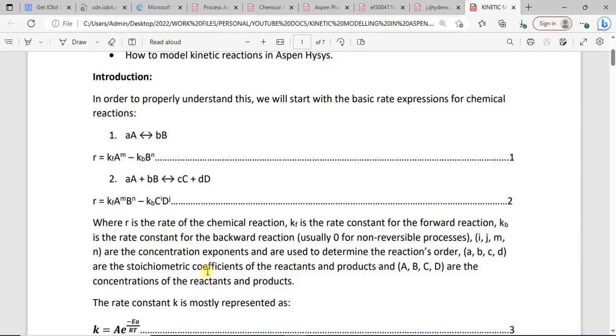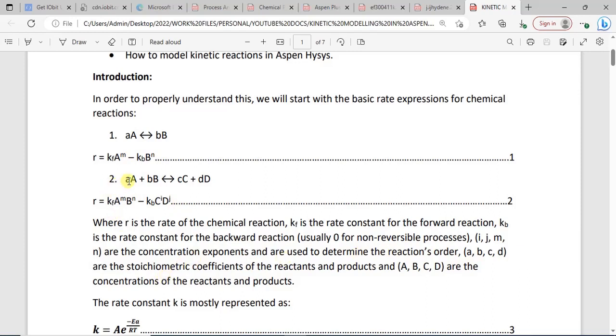From here we have the definition of all the variables in the rate expression. R is the rate of the chemical reaction, Kf is the rate constant for the forward reaction, and Kb is the rate constant of the backward reaction. Then i, j, m and n are the exponents of the different reactants, and they are used to determine the order of the reaction.